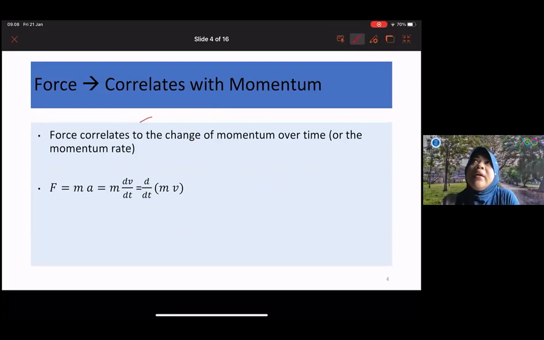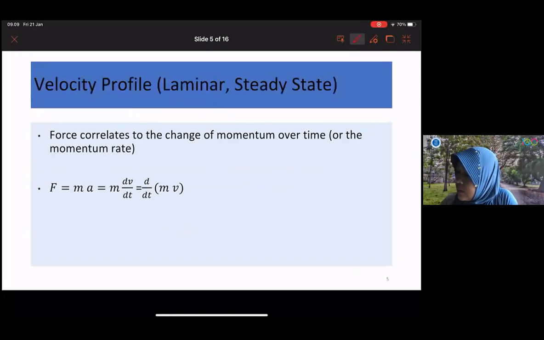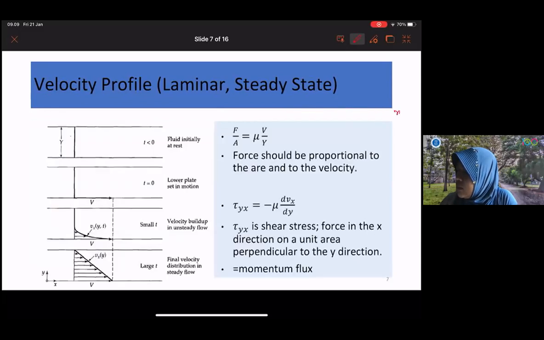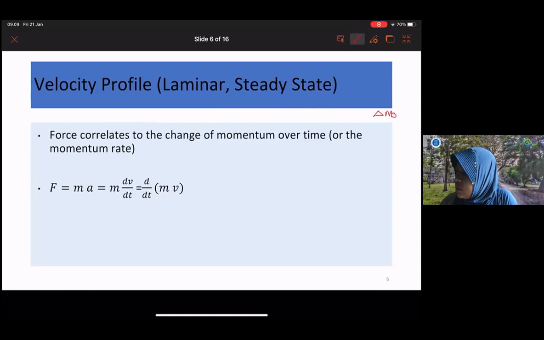I remember when I was in secondary school, there is a quantity called impulse, which is the difference of momentum: F multiplied with delta t is equal to delta momentum.